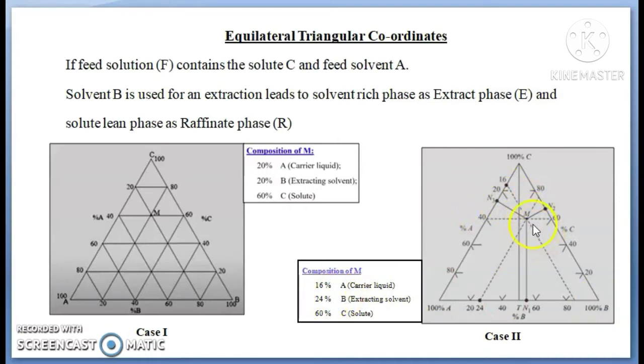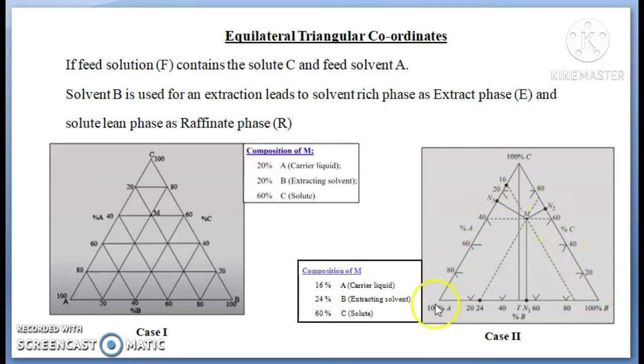Whereas the perpendicular distance between the point M and the side BC gives you the percentage of A. Here it is shown as only 16% of A. Every side of the equilateral triangle gives you the composition of only two components.